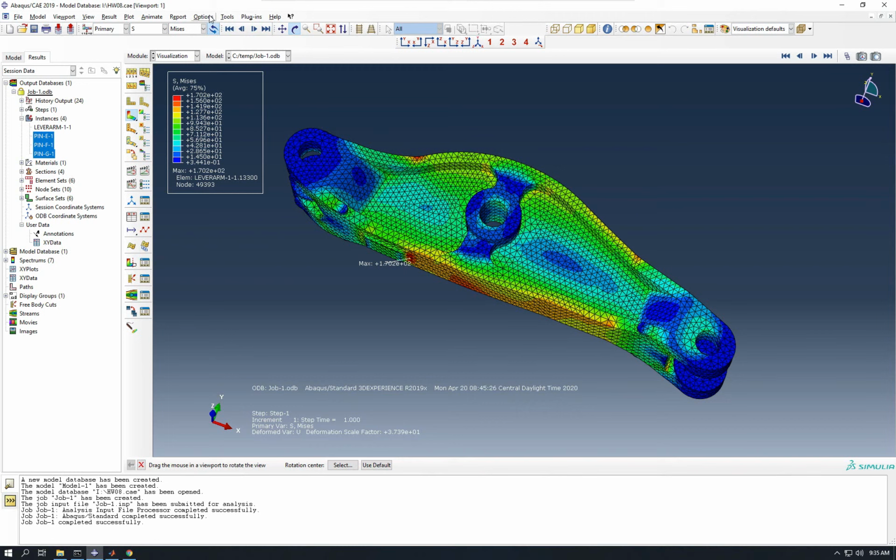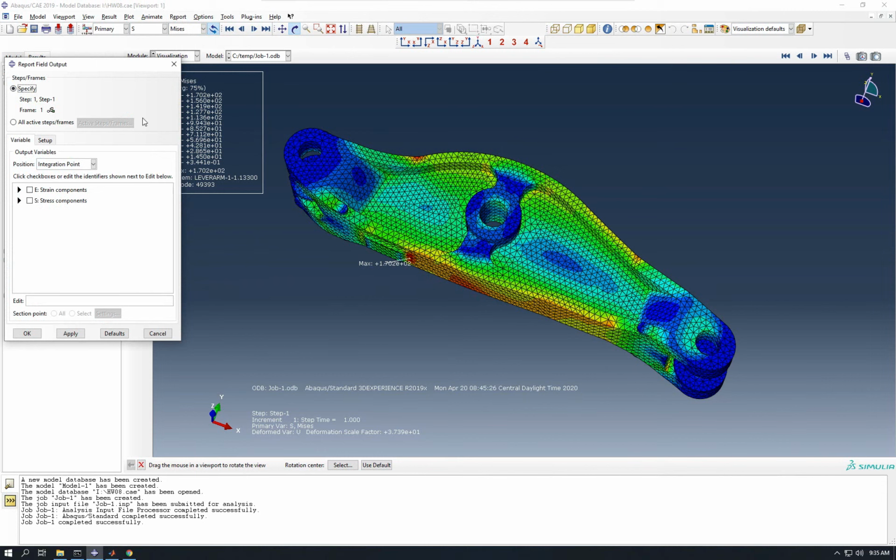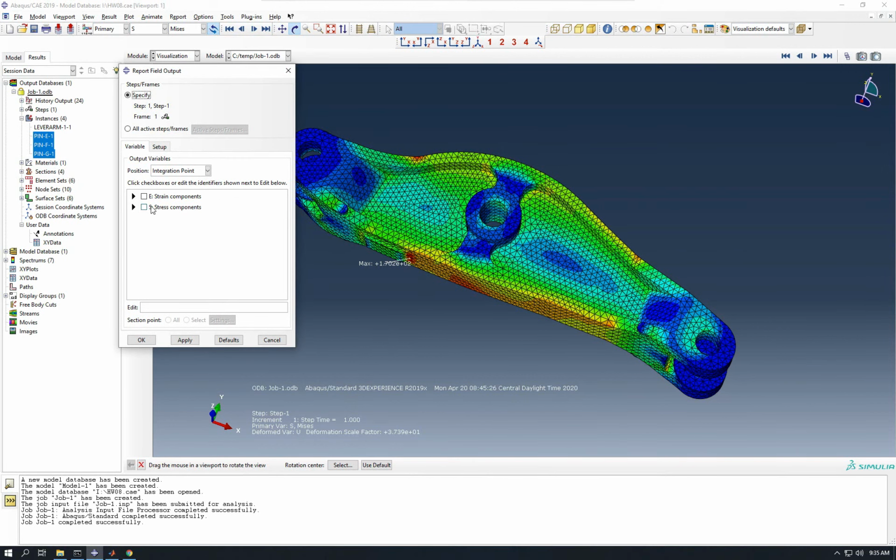So you come here in report, field output, and you're already on step 1 and frame 1. You don't need to change any of this. You request the strains, and just uncheck the irrelevant one, since it's either one of these and it makes you confused.